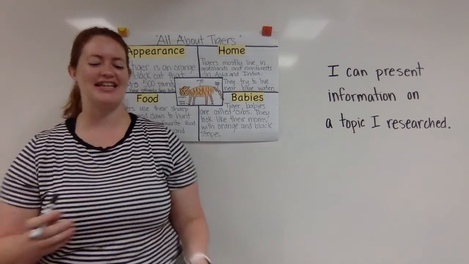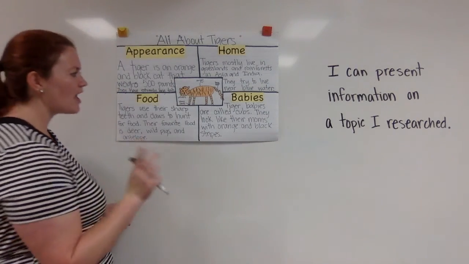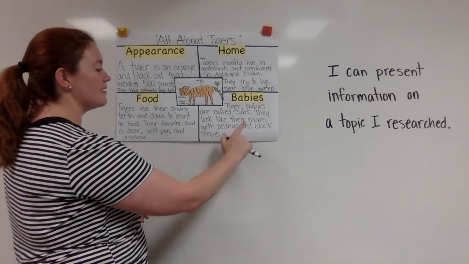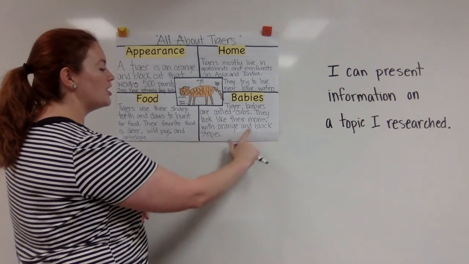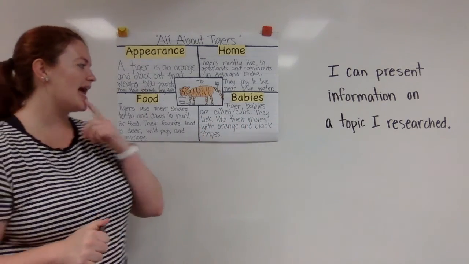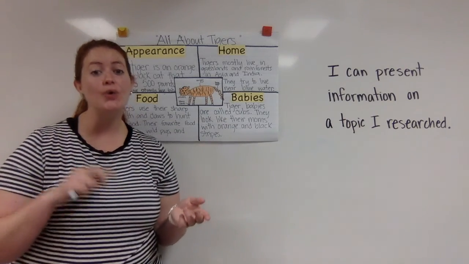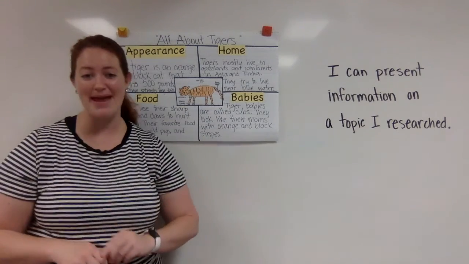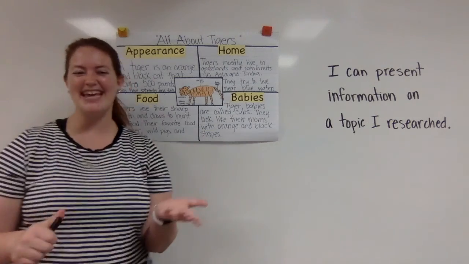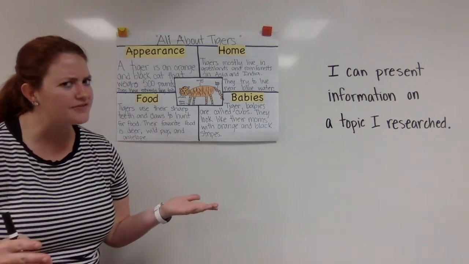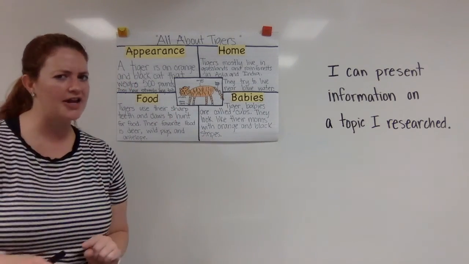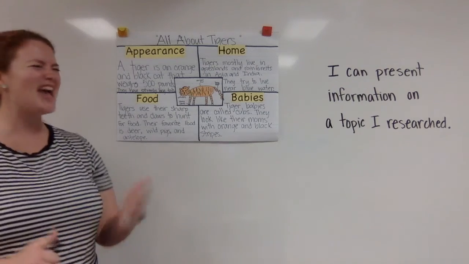Yeah, I could definitely say that in my research. I have tiger babies are called cubs. They look like their moms with orange and black stripes. Could I say moms have 2 to 4 cute babies at a time? Yeah. So I already have 2 sentences, but I'm going to add a third.